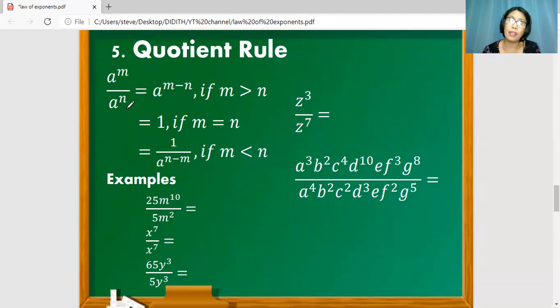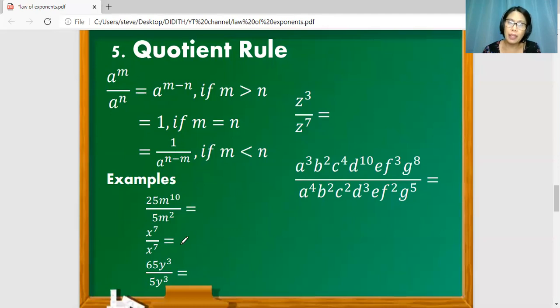Now, in the event that we have the same base and the same exponent, the answer equals 1, if m equals n. And the third sub rule here is that whenever the exponent of the denominator is greater than the exponent of the numerator, or if m is less than n, then we will get the reciprocal of the same base, a for instance here, and then we'll get the difference between n and m.